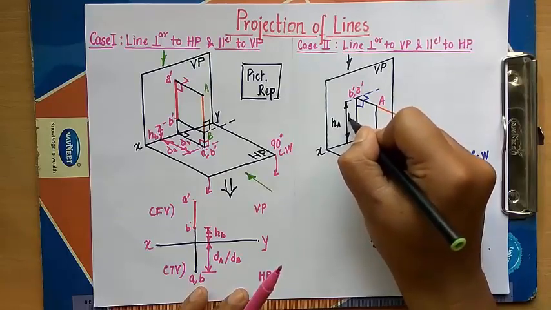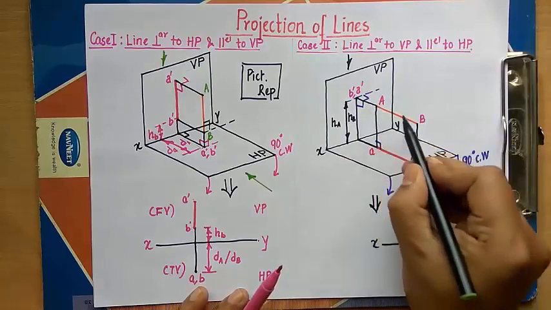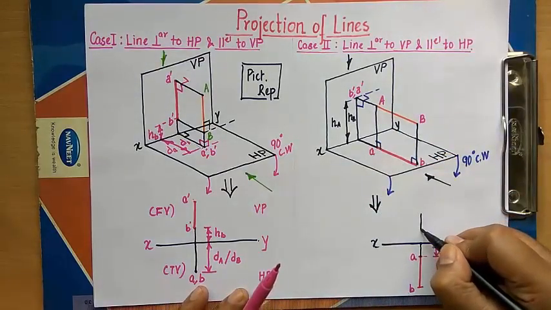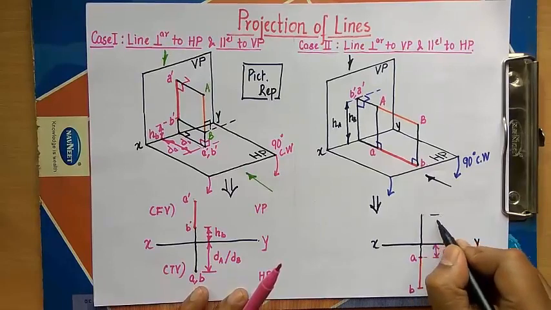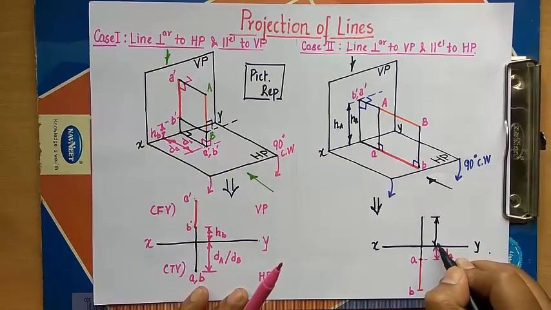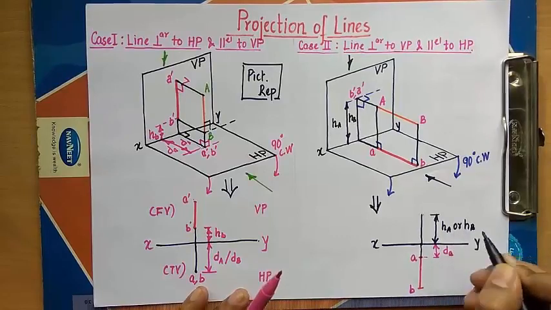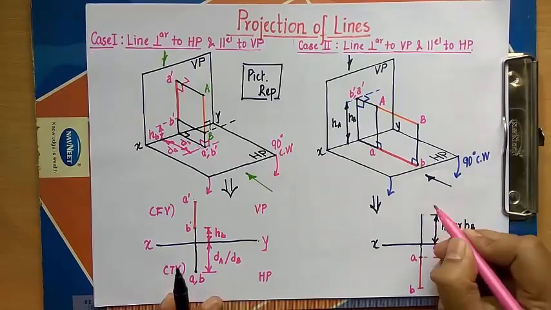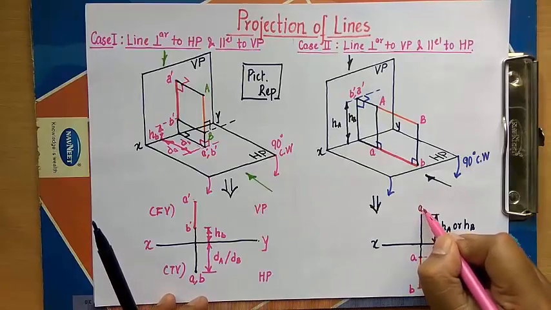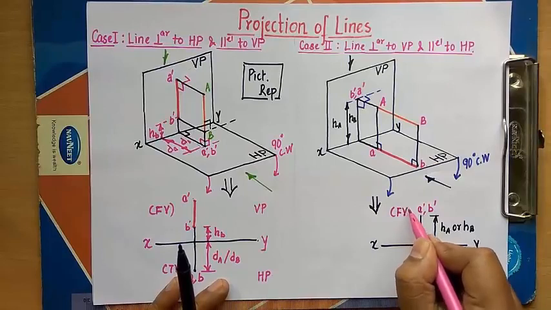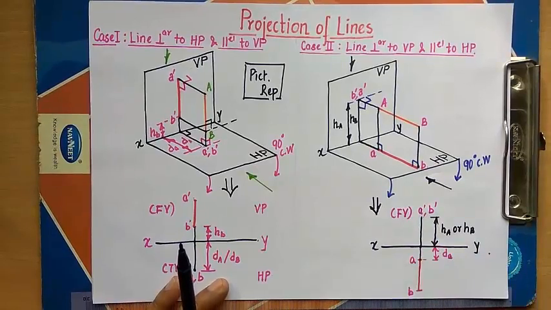You can also call it HB because these endpoints are at the same height above the horizontal plane. So you need to go above by a distance of either HA or HB, and this, guys, is what you call A dash comma B dash. So that's the front view.